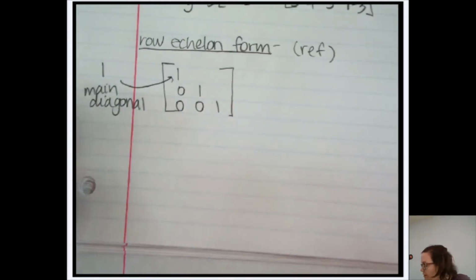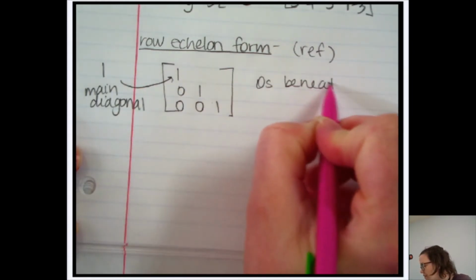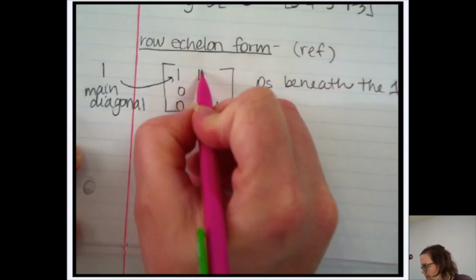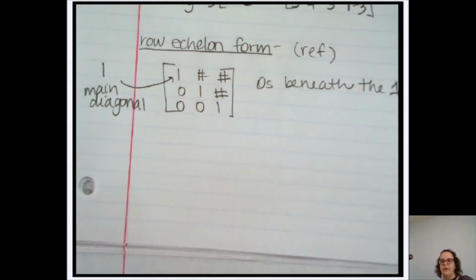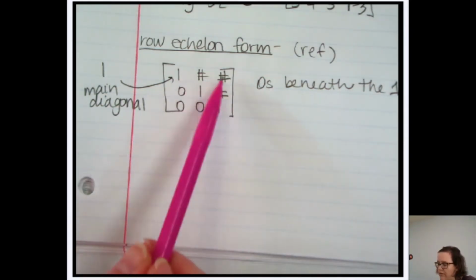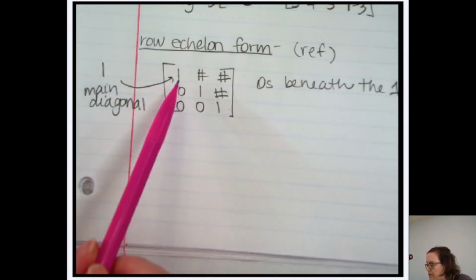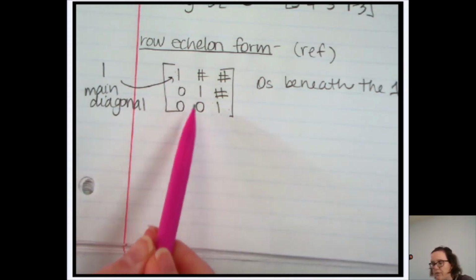Okay, so then we have zeros beneath the ones. And then everything else doesn't matter. You can have number, number, number. Okay. Now, if we have reduced row echelon form, these are also all zeros, and so we just have 1, 1, 1. But row echelon form has ones in the main diagonal, and it has zeros everywhere else.